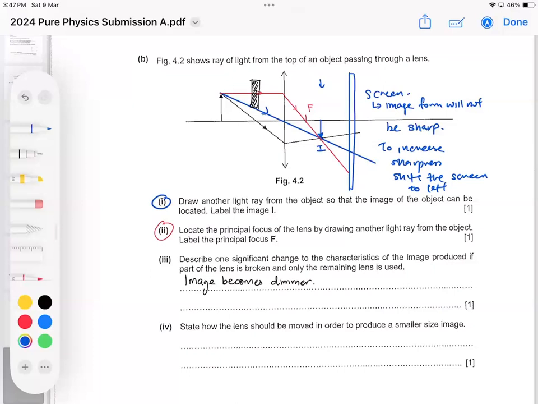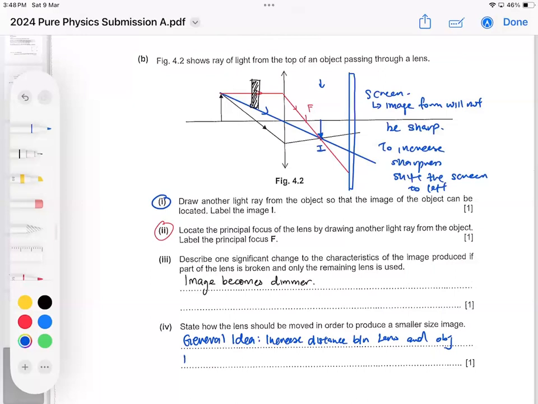So there are 2 things that we can do. The general idea is to increase the distance between the lens and the object. As we can see from the lens setup, anything more than 2F, for example, gets diminished, and the further you pull, the smaller it gets.